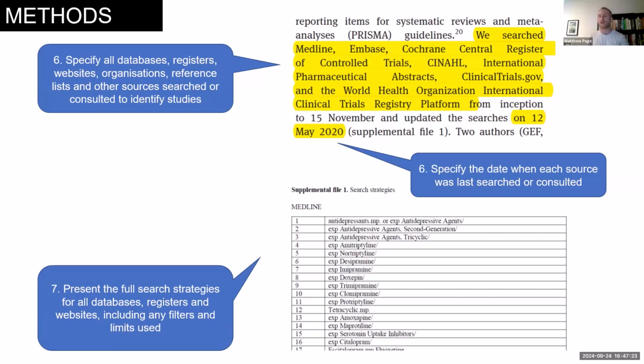I often see a lot of people just say that searches were done to, say, May 2020, whereas it is helpful to give an exact date, in order for people to know exactly when to update the search, and what sort of records are included by that specific date. And then they included in a supplementary file the search strategies exactly as run in each of the databases. That sort of information is typically not seen in the main report, but can appear in your appendix.